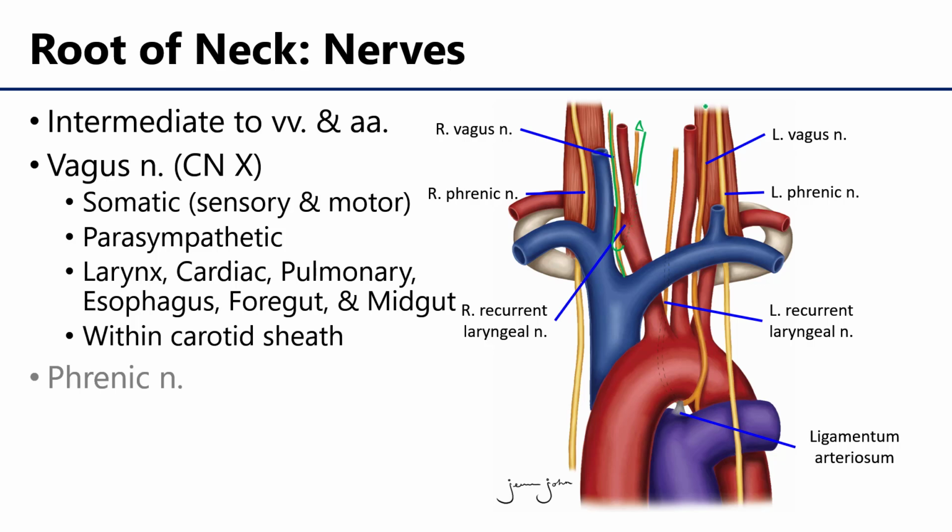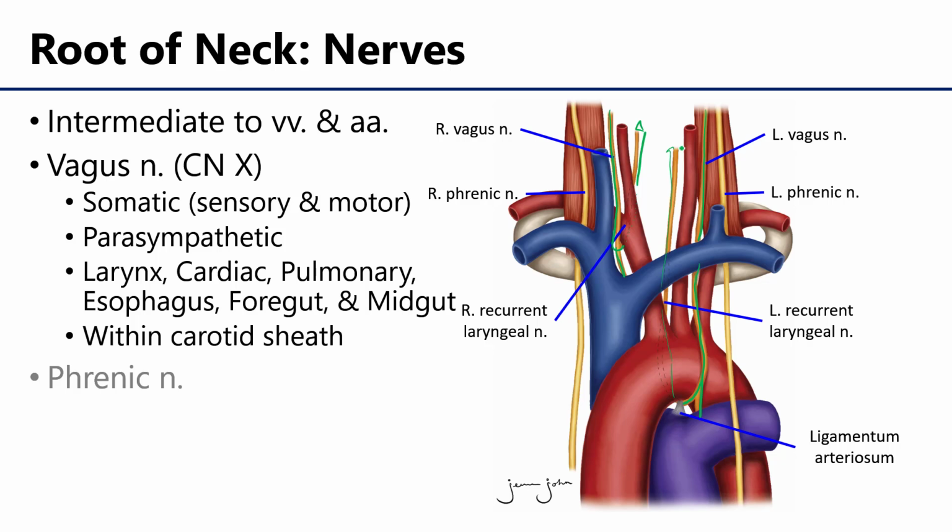On the left side, that left vagus nerve descends down posterior to the brachiocephalic vein, anterior to the arch of the aorta, and it would continue on its way through the mediastinum. And it's here around the concavity of the aorta that the left recurrent laryngeal nerve branches off and ascends back up towards the larynx and the neck.